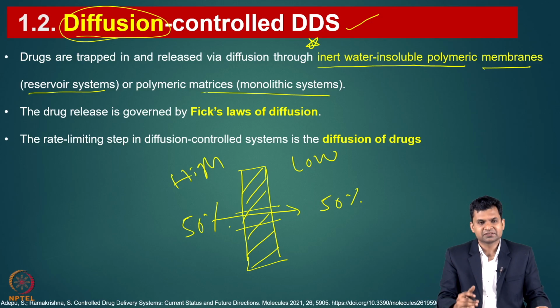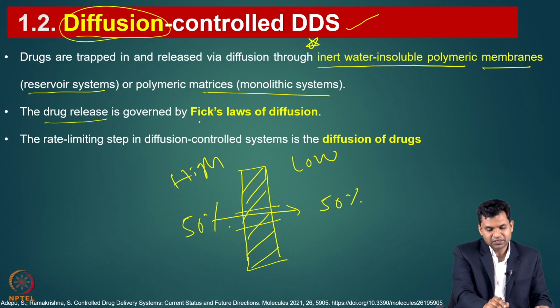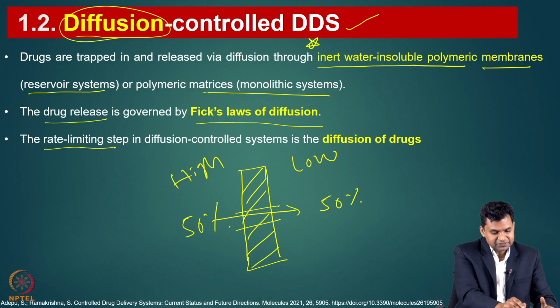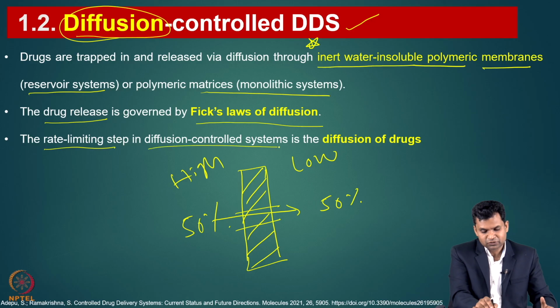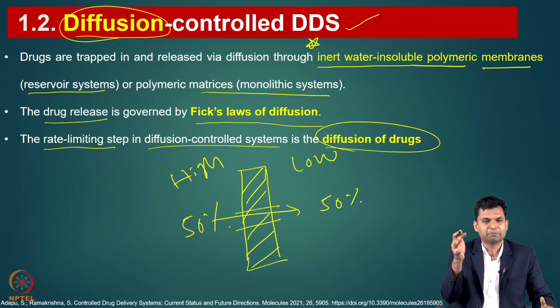As we discussed, these systems will follow diffusion, and we know that the drug release is governed by Fick's law of diffusion, which is very important for any type of dosage form. The rate limiting step in a diffusion control system is the diffusion of the drug from the polymeric membrane.